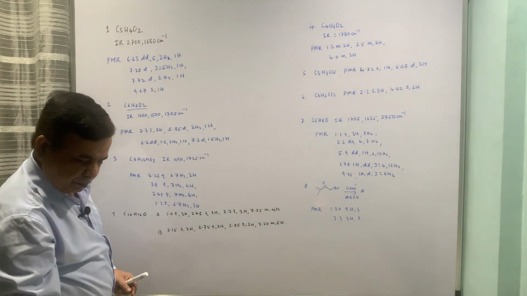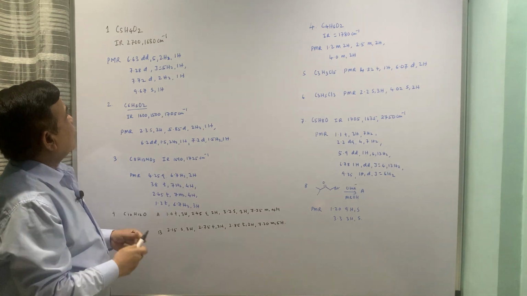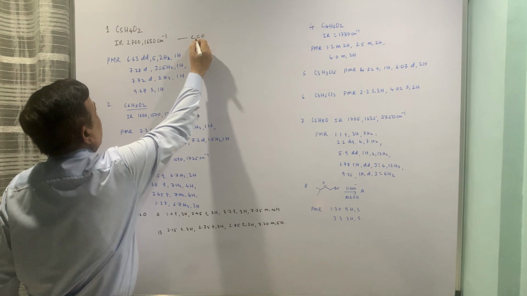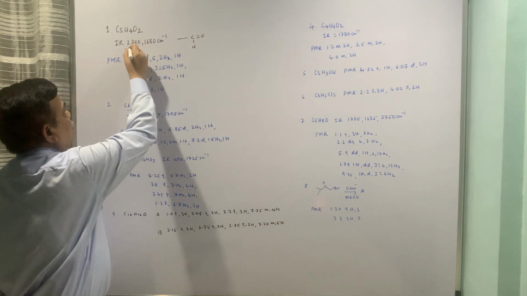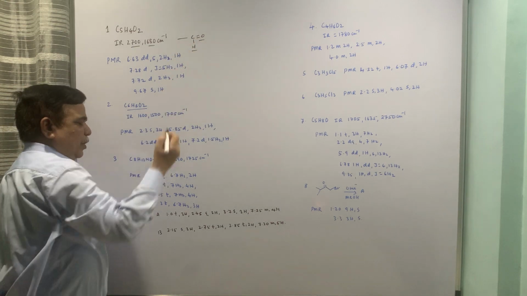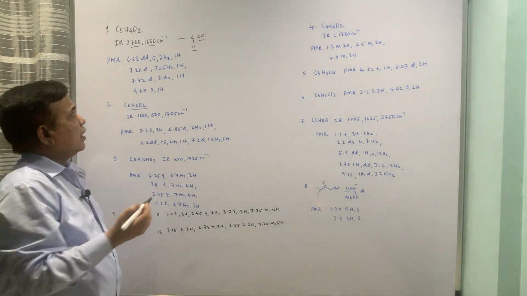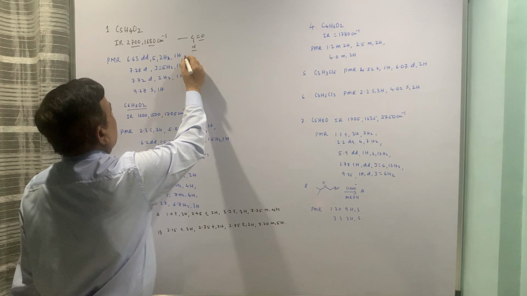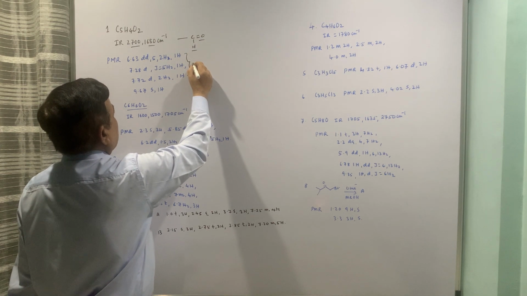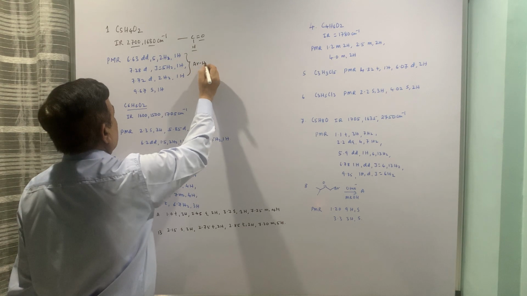Now the second thing, the infrared, this indicates the presence of aldehyde because 2700 is CH, 1680 is carbonyl, especially when it is conjugated. These three peaks suggest that they are aromatic protons.